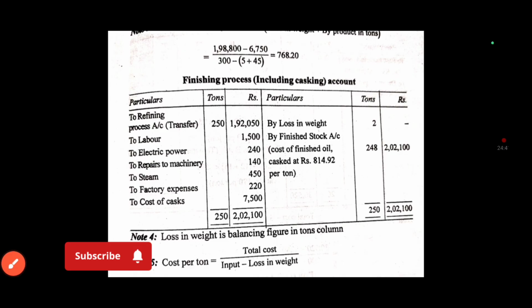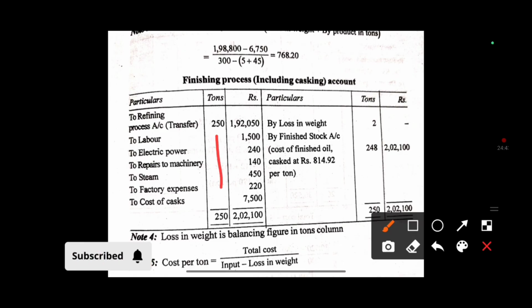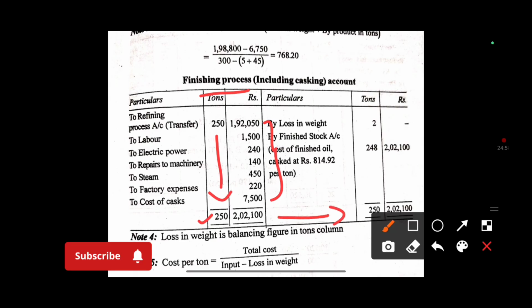Okay, so now we add up all the costs and the units. We have 250 tons, and summing up all the costs at the end of the finishing process, the total input cost is 2,02,100. The same value is to be entered on the credit side as the total cost.